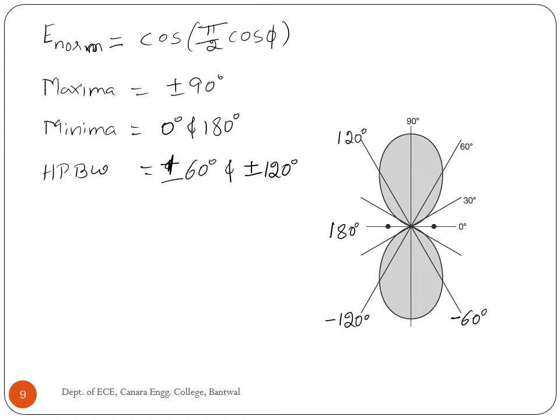This is a field pattern for two isotropic point sources of same amplitude and phase symmetrically located with respect to the origin of the coordinates.